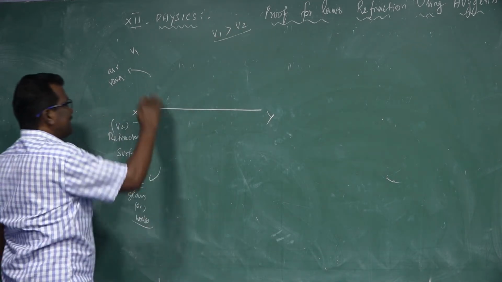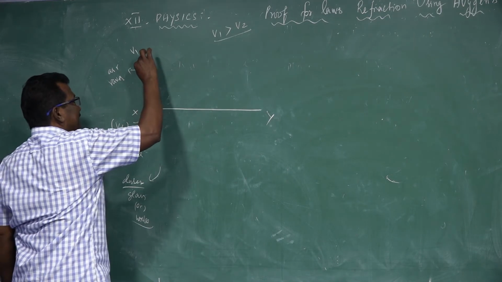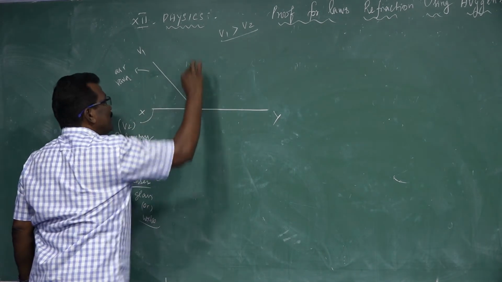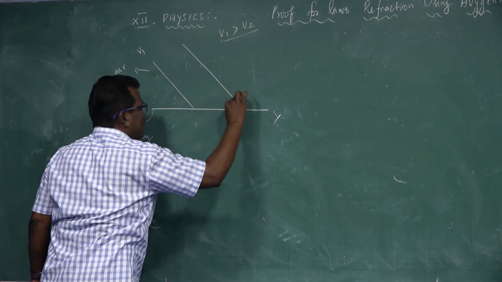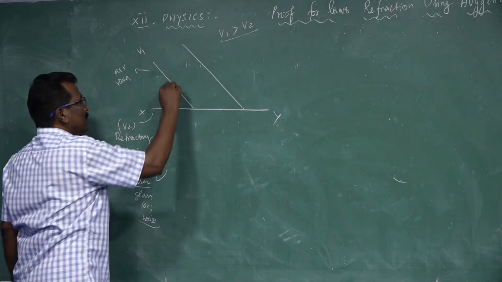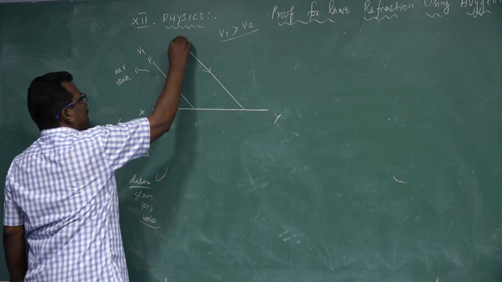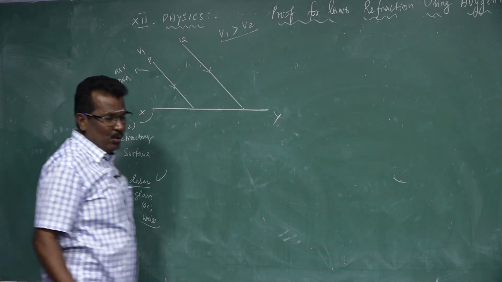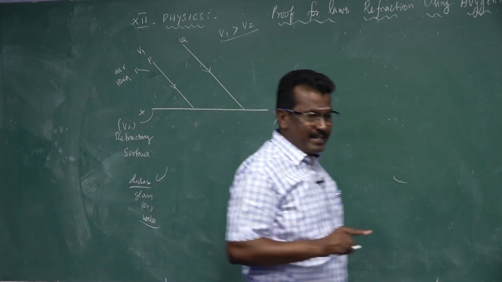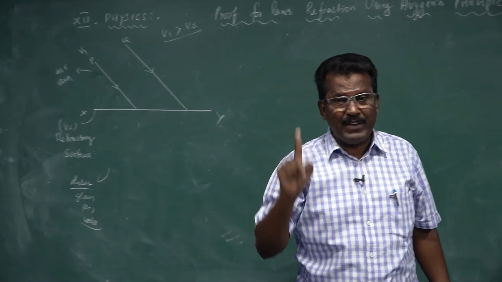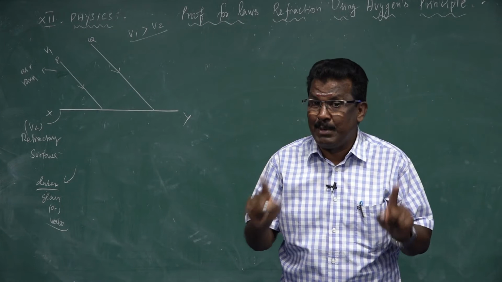Okay. Let's consider light coming from an infinite source. Suppose P and Q are the rays coming from infinite distance. If light is coming from infinite distance, what kind of wavefront is possible?